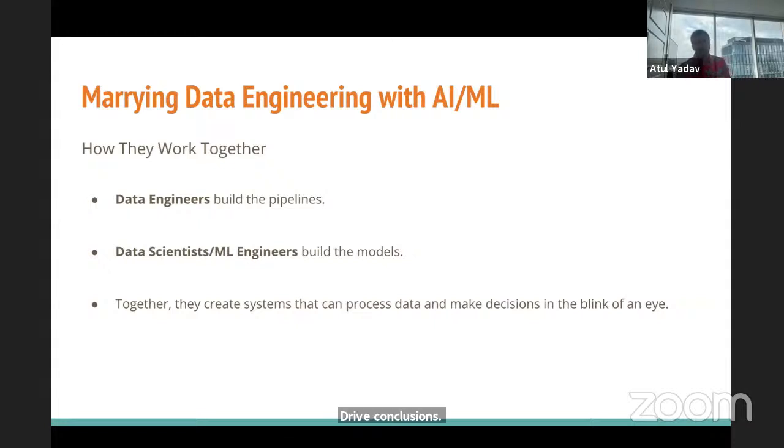Not exactly. Communication skills are needed for everyone. Good one, Himanshu. AI ML is for algorithm.